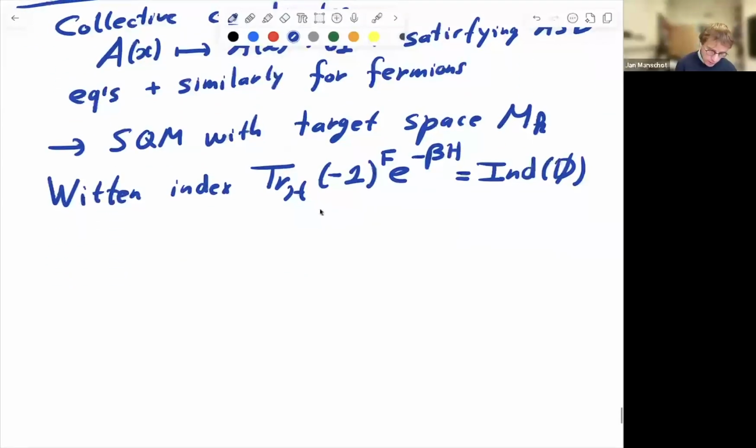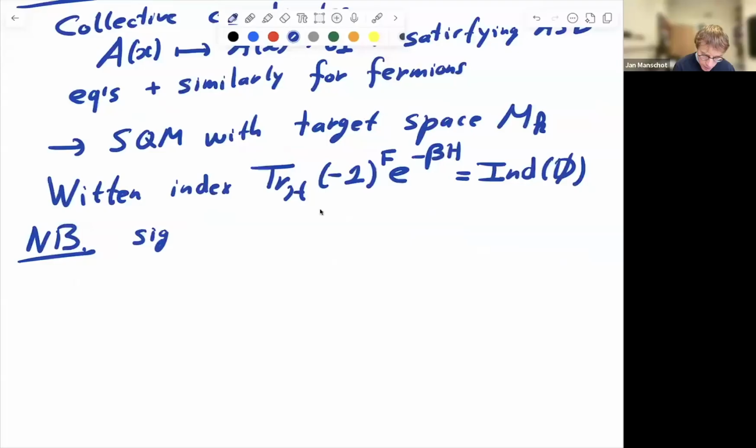There is an important note to make, namely that the Dirac operator is not well defined if M_K is not spin. M_K needs to be spin in order to define the Dirac operator, and therefore the index is also not well defined.